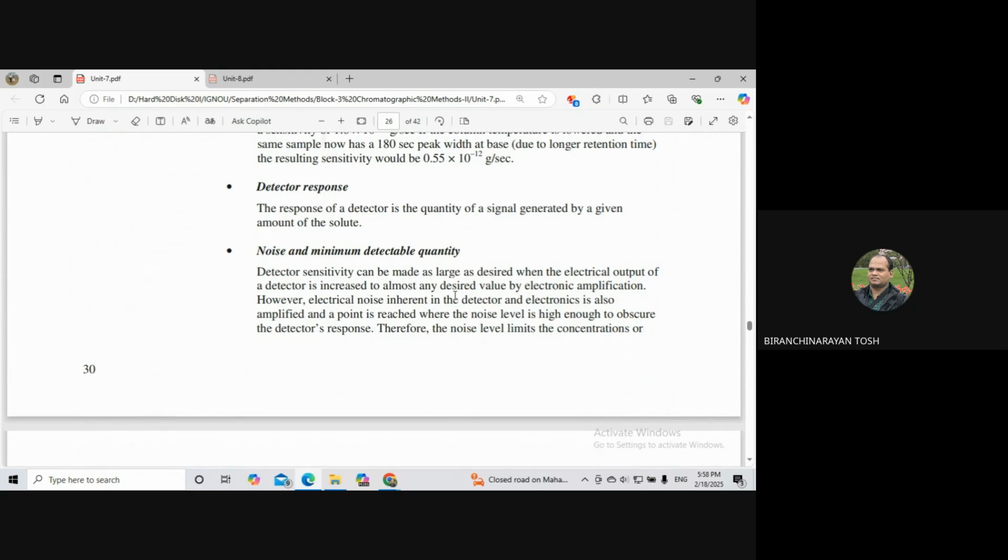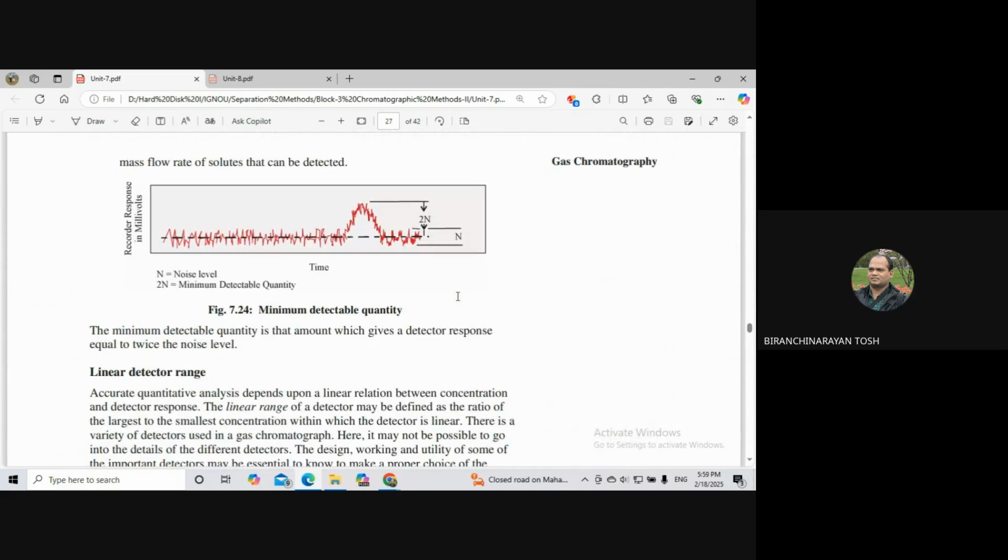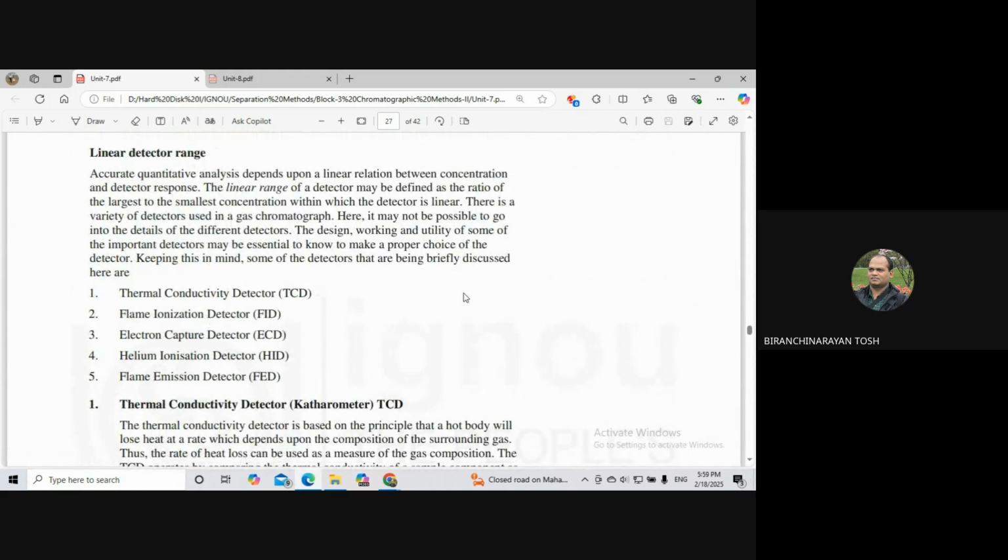Therefore, the noise level limits the concentration, minimum detected quantity, or mass flow rate of the solute that can be detected. So the noise should be minimum. Then the linear detector range.